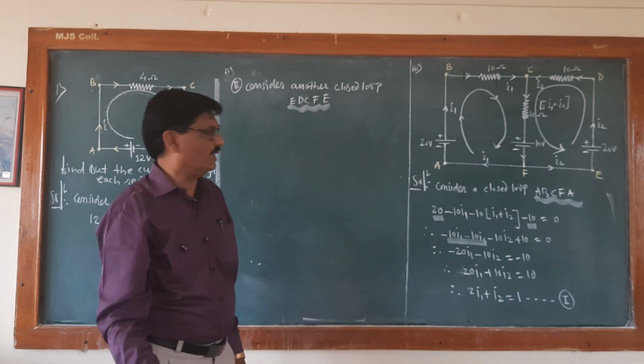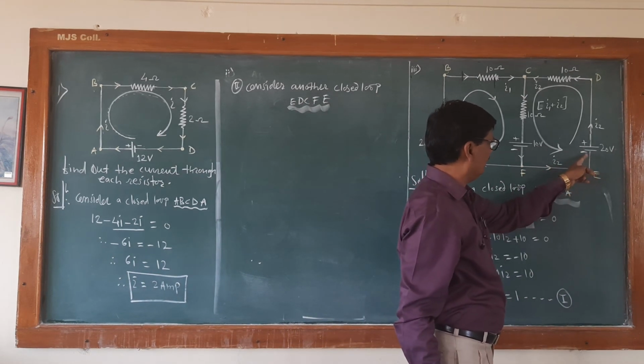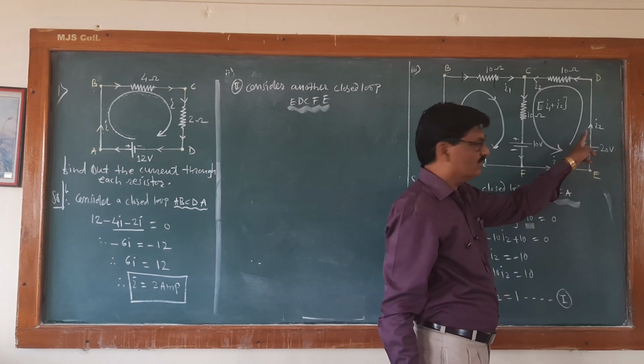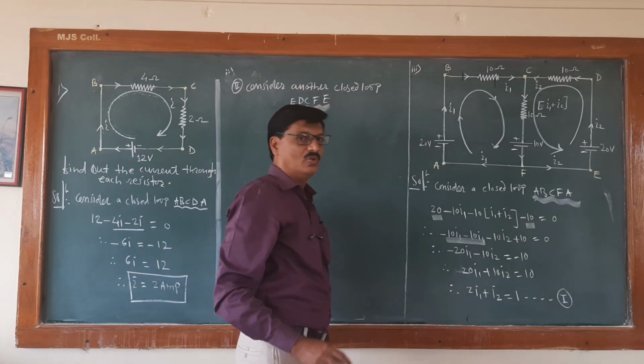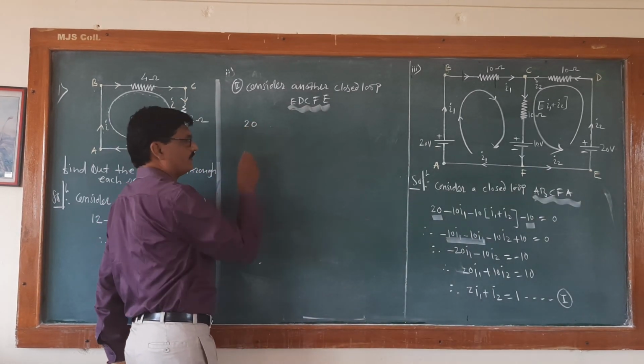In this loop, if we apply Kirchhoff's voltage law, EMF is positive if we traverse from negative terminal to positive terminal, that is lower potential to higher potential. Therefore, 20.